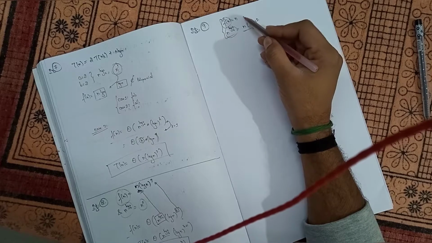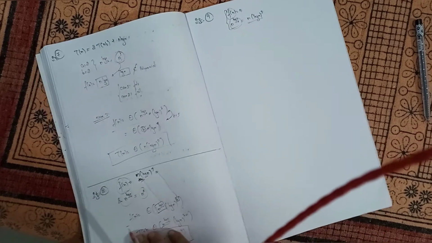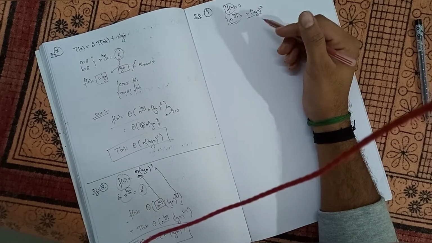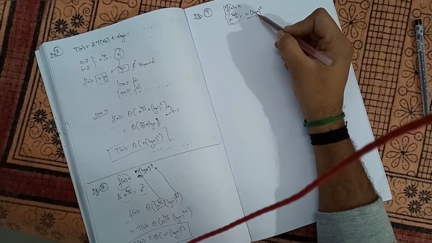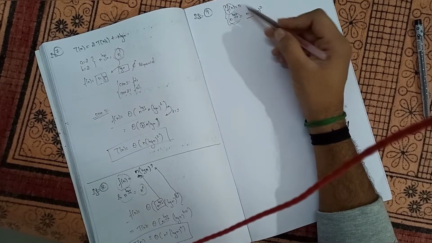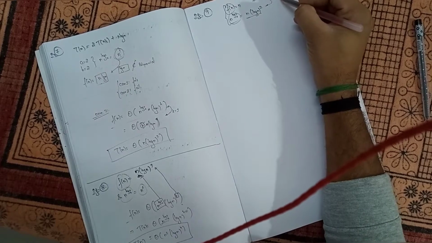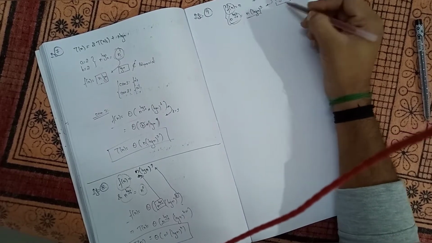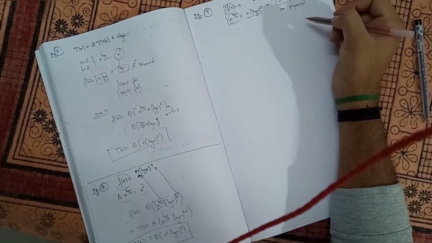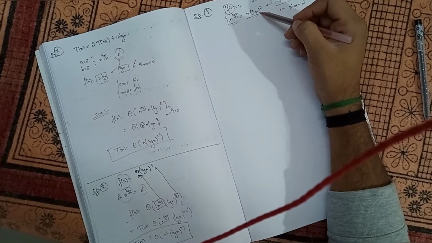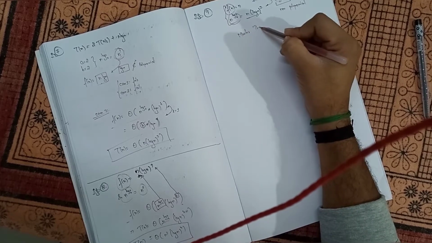So the polynomial factor which we would need to multiply is n, both are equal. The factor which makes it greater than this is log n whole square, which is non-polynomial. If this is not satisfied, then we can say that the Master theorem is not applicable.